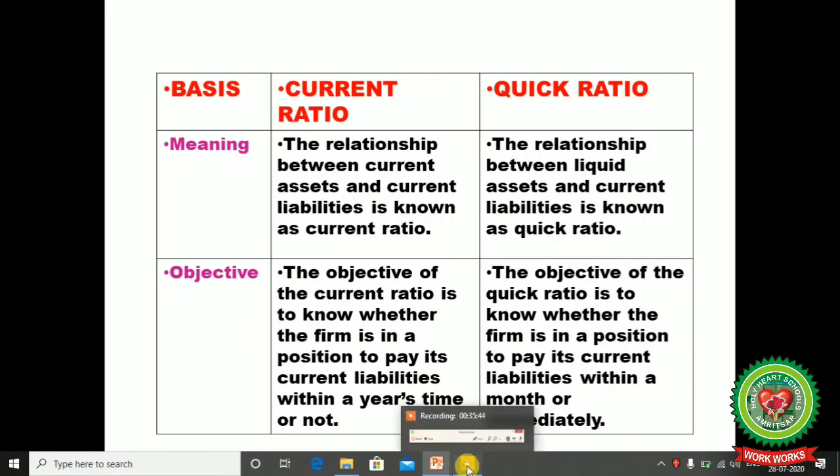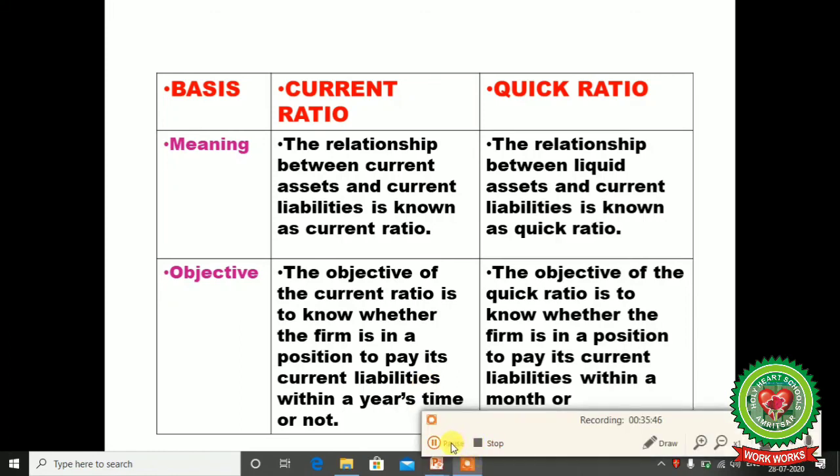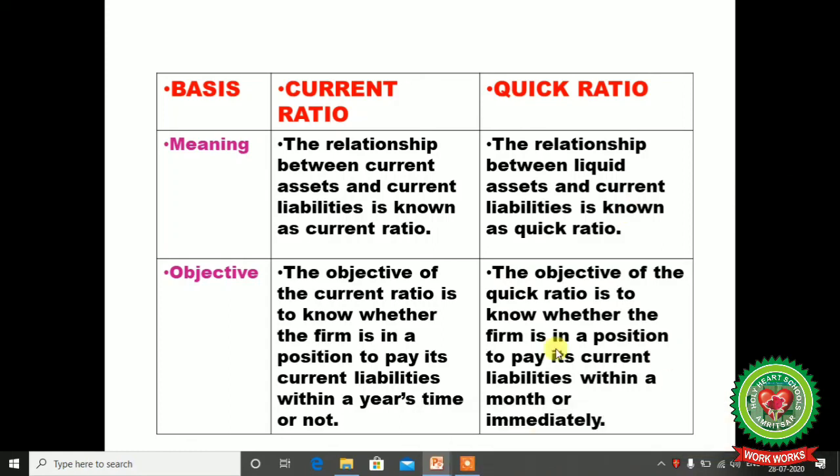So students, the next difference is meaning. In the meaning case, the relationship between current assets and current liabilities is known as the current ratio. But in the case of quick ratio, the relationship between liquid assets and current liabilities is known as the quick ratio.